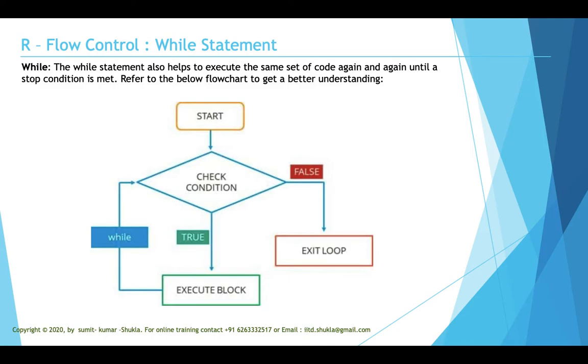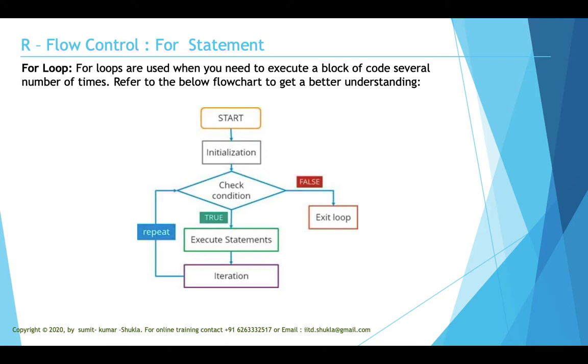Okay, so our while statement has been completed, and let's move to the for statement. So that's right, how it works. A for loop is something you use when you need to execute a block several times, and you know exactly how many times you need to execute it. First there is an initialization where you specify how many times you want to repeat your code.